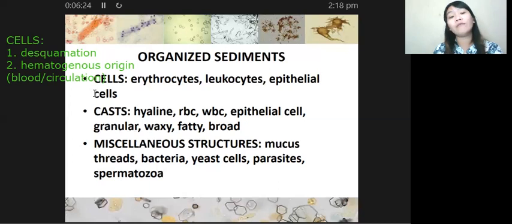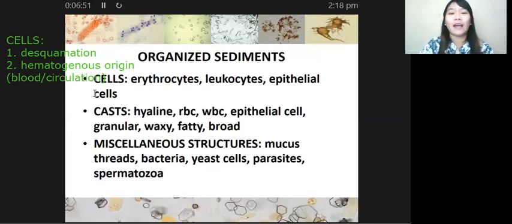And then of course, we have your miscellaneous structures such as your mucus threads, your bacteria, yeast cells, parasites, and of course, your spermatozoa. So all of these are organized sediments. Ano lang ang hindi organized or unorganized? Very good. We have your crystals.